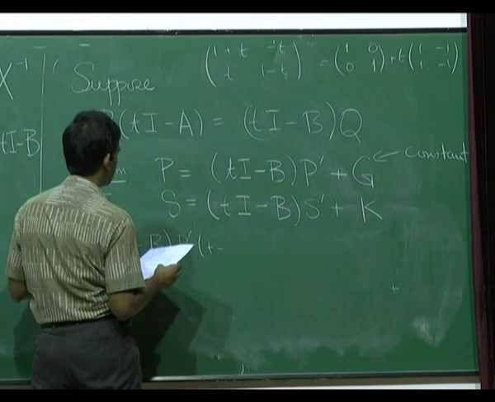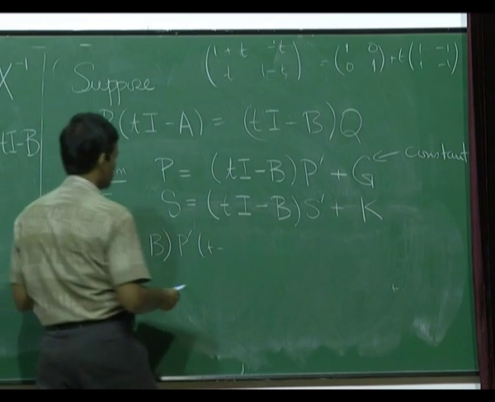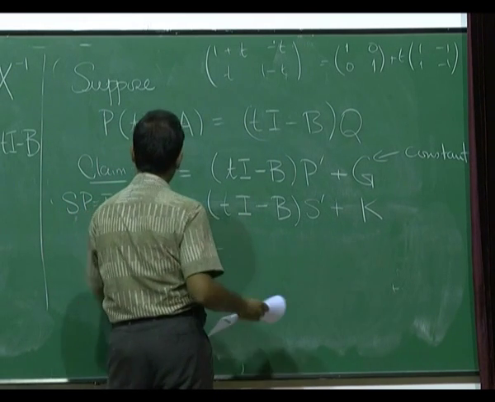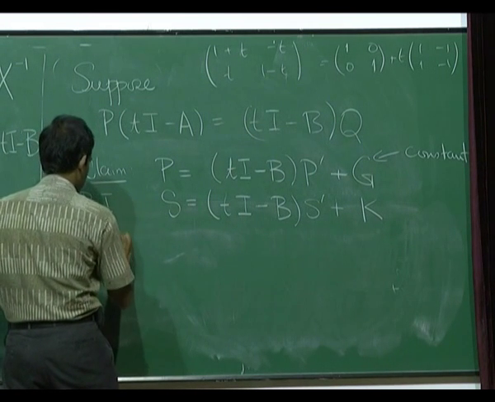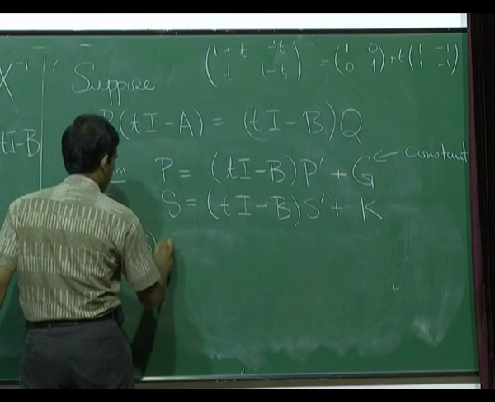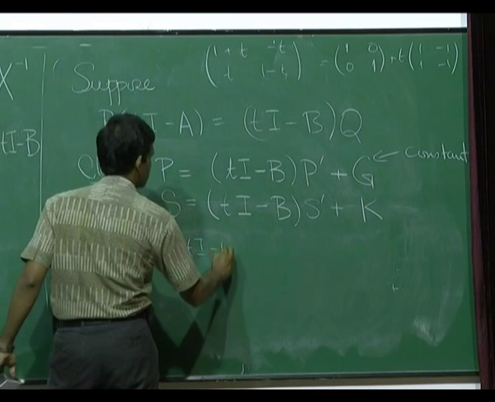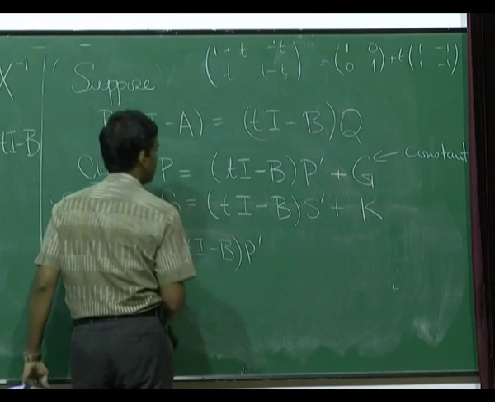So let me just write it down. So SP, right? So this times this, I was doing it slightly wrong, so I get (tI minus B) S prime (tI minus B) P prime.